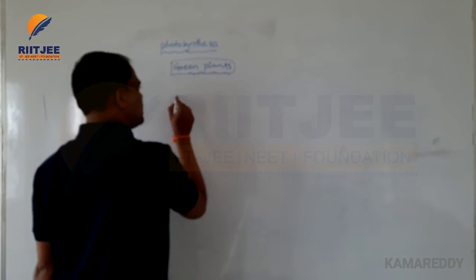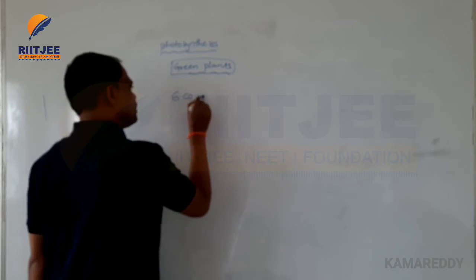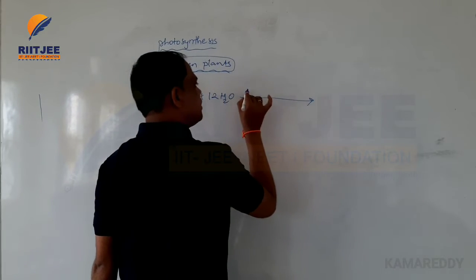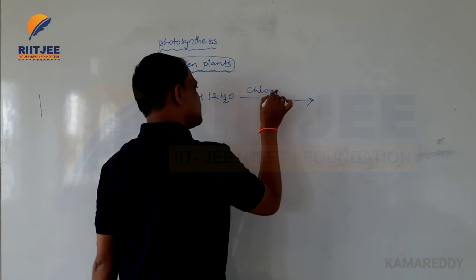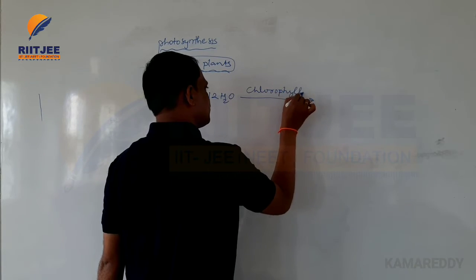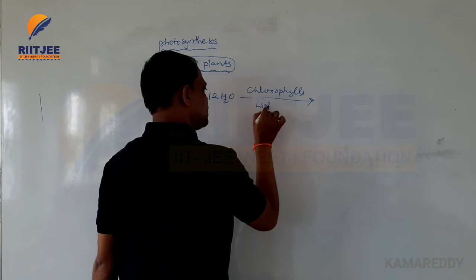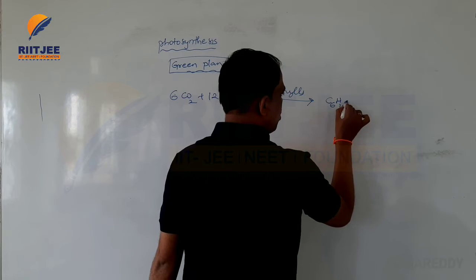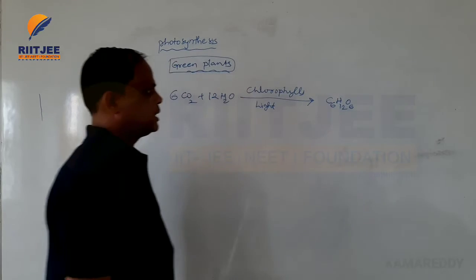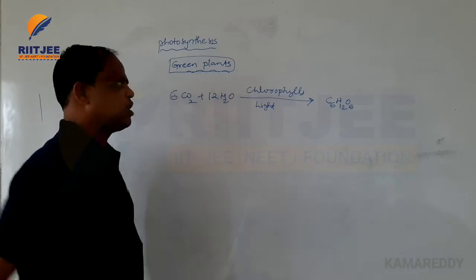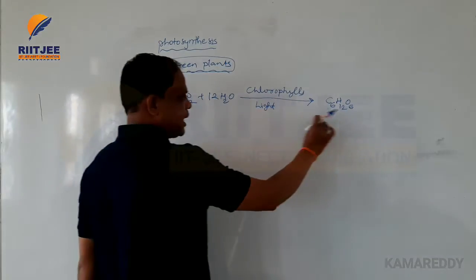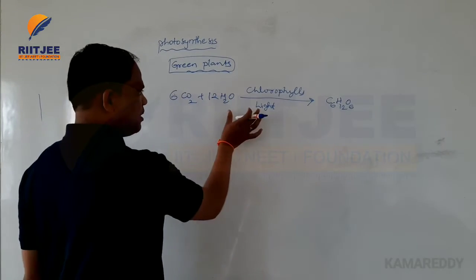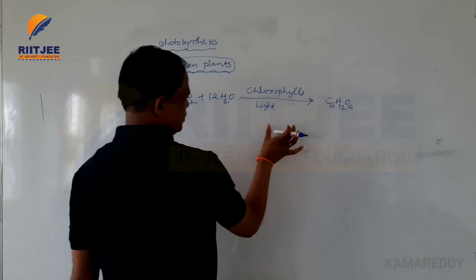The best example is 6 CO2 and 12 H2O, in the presence of chlorophyll and light, synthesize the food material C6H12O6. Okay, this is the equation of photosynthesis. We need this one only, right? Some byproducts are also released, but this is the very important one.